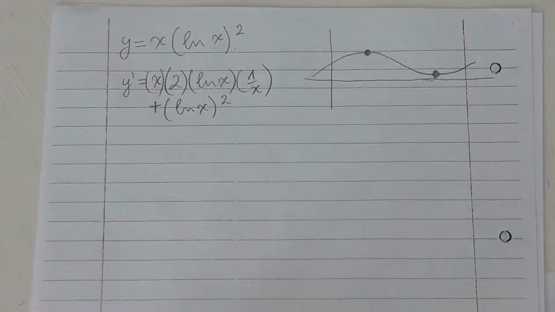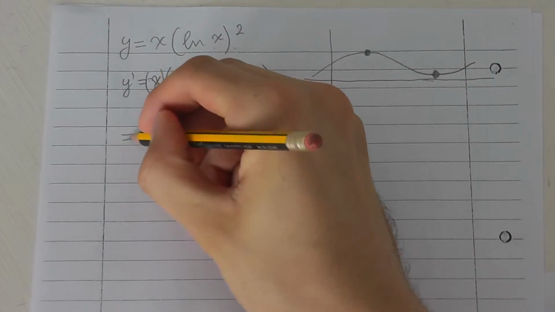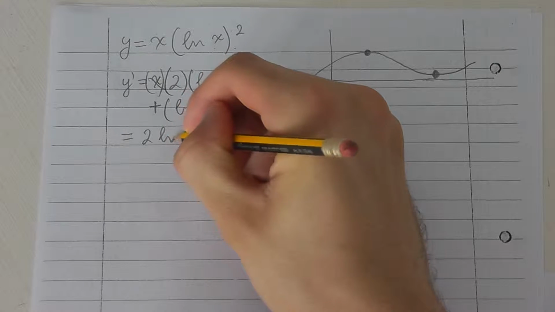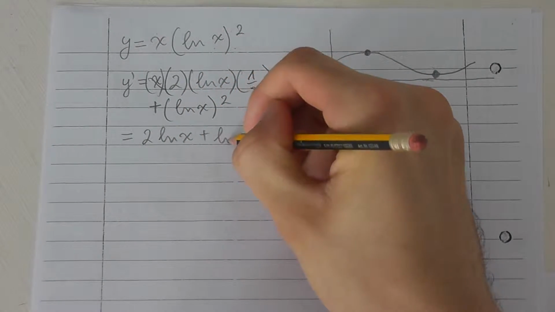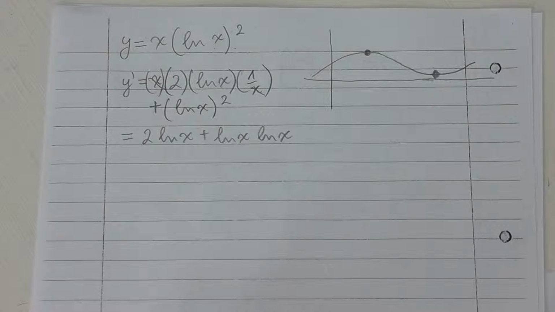The derivative of the first we don't care about. The x's cancel, and we are left with 2 ln x plus ln x ln x. You can factor ln x from this, but it really isn't necessary.